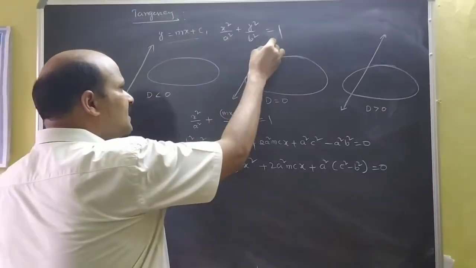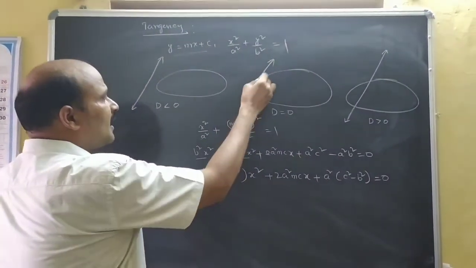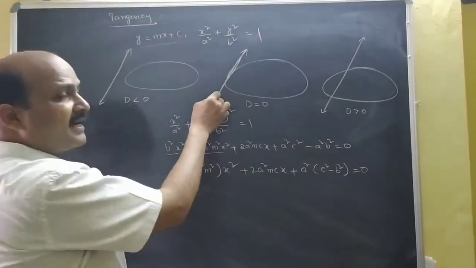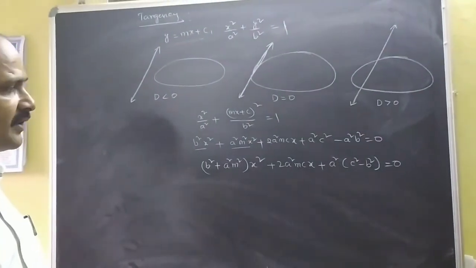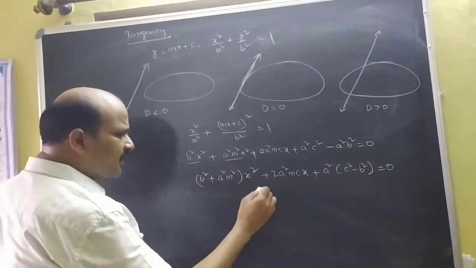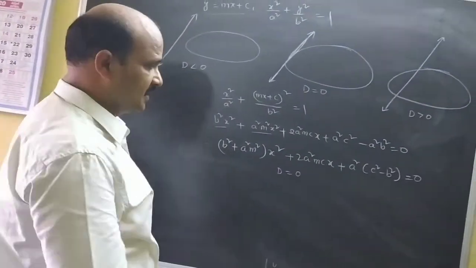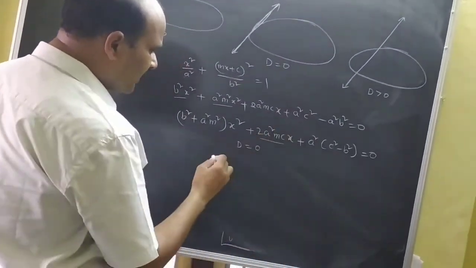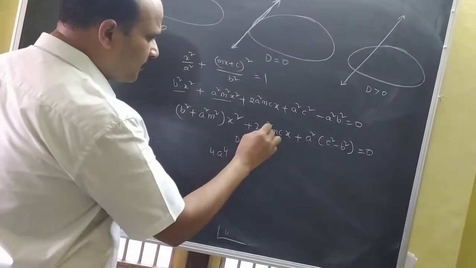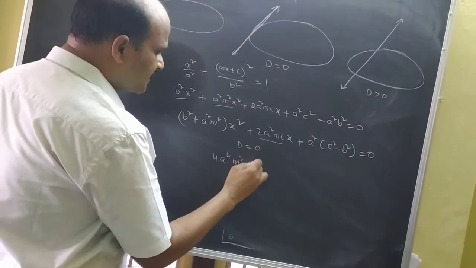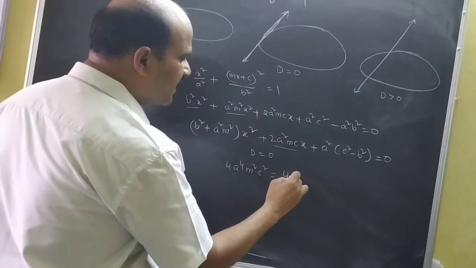That means if D is equal to 0, the straight line becomes a tangent. This is the condition for tangency. Therefore, discriminant equal to 0 means b square minus 4ac is equal to 0. So b square, that is 4a power 4 m square c square, is equal to 4ac.